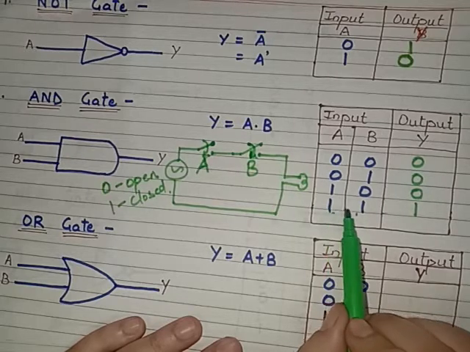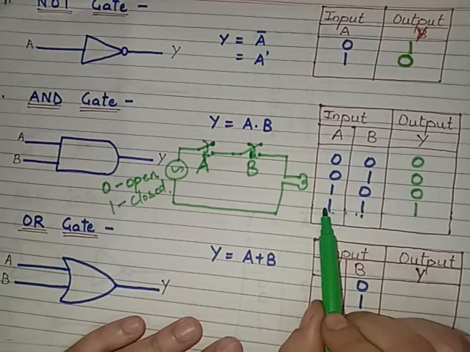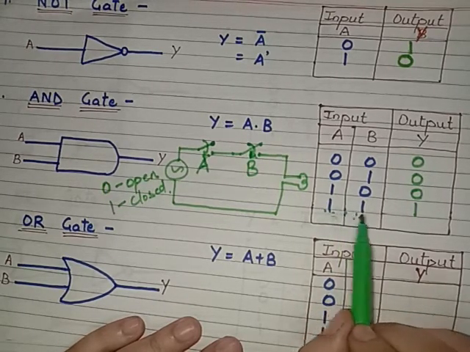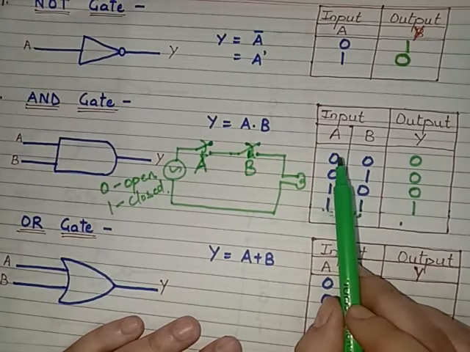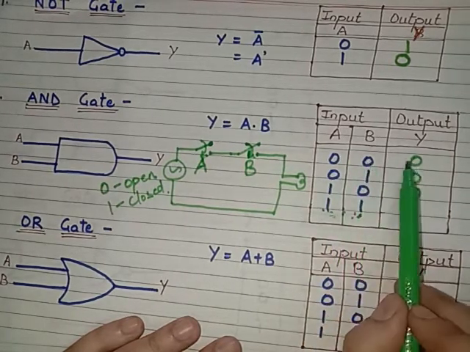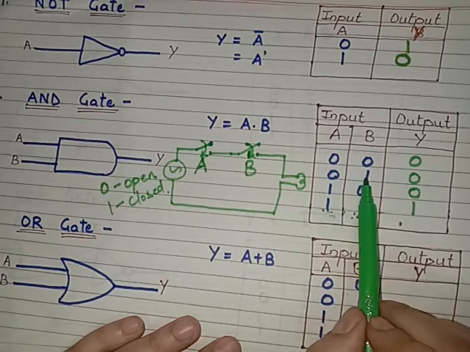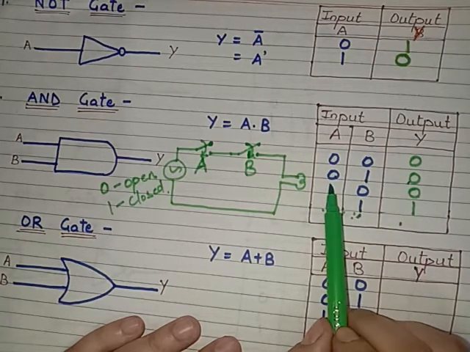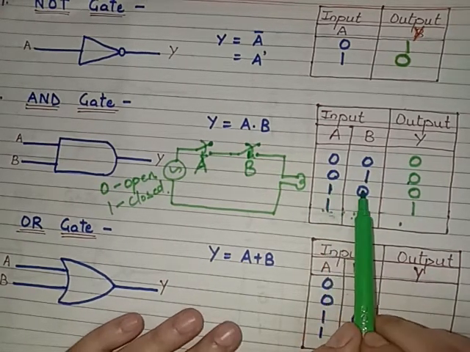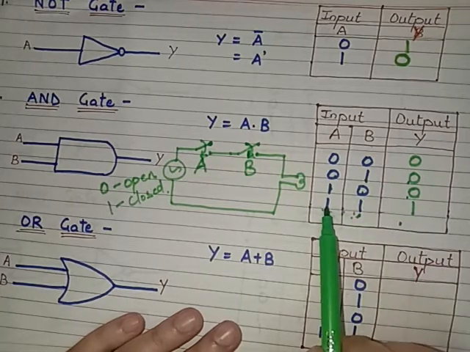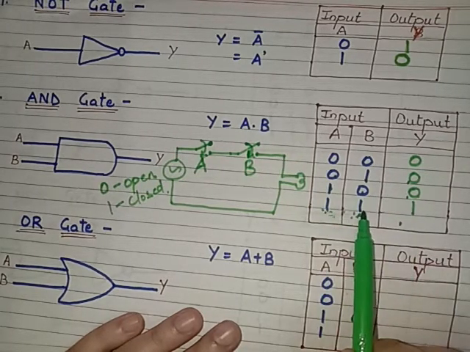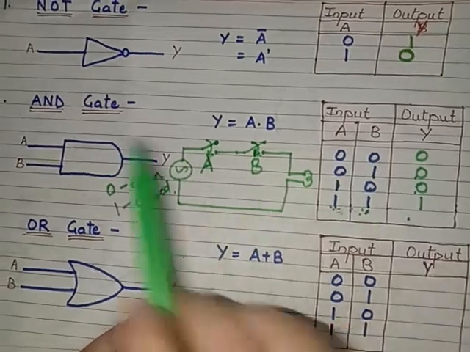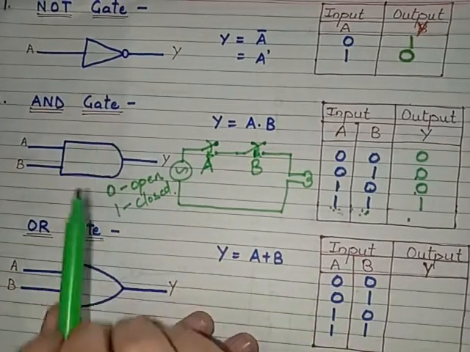When A and B both are high, then the output is high. When both are low, then it's 0. When one is low, one is high, then it's 0. When the first input is high, second is low, then it's 0. But if A and B both are high, then the output is high. That's why this is known as an AND gate, right?